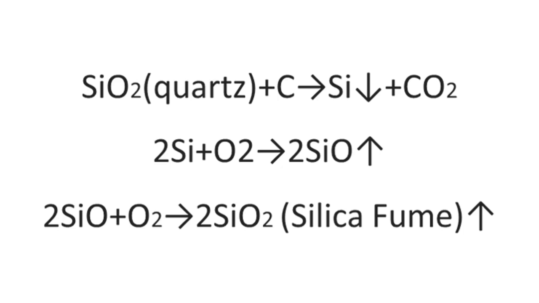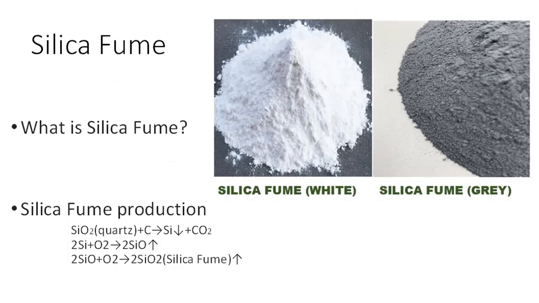These beads are discharged into dust and collected through this specialized equipment. The entire reaction process is illustrated here. The detailed process of silica fume production highlights its role in enhancing materials such as concrete and its unique production method.